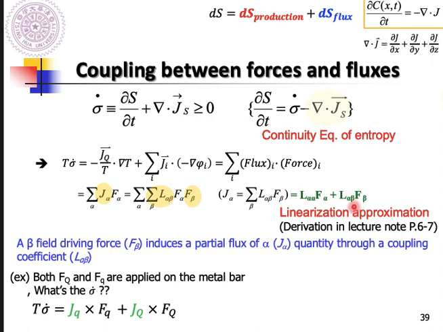So if you take a look at your textbook, there's a sentence here: a beta field driving force F beta induces a partial flux of alpha quantity through a coupling coefficient L alpha beta. This description tells you that the other driving force will indirectly also contribute some flux, right?